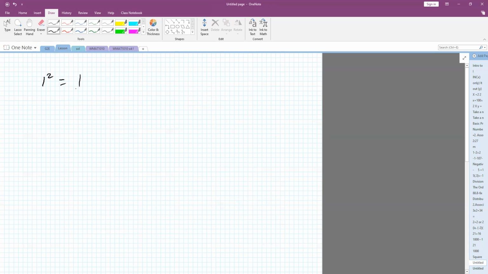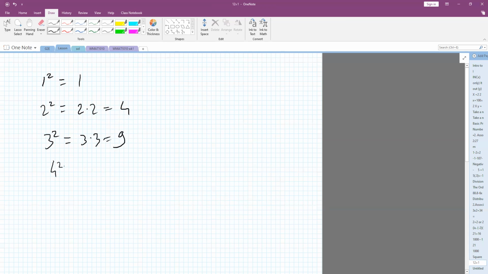If you do 2 squared, it's 2 to the power of 2, which gives you 4. And then 3 squared gives you 9.